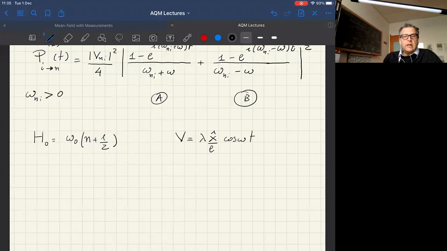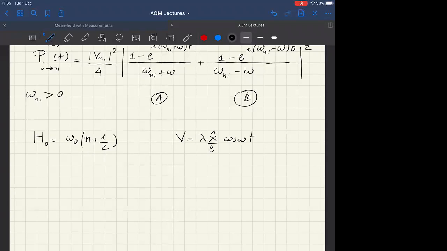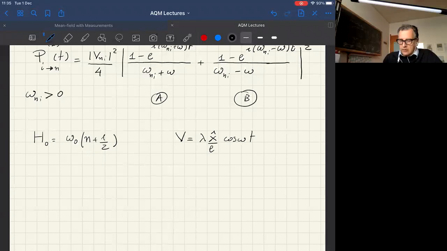I don't remember exactly what I wrote. Okay. So x over L is just equal to lambda over square root of 2 times (a plus a dagger) times cosine of omega t. So what was the equation?